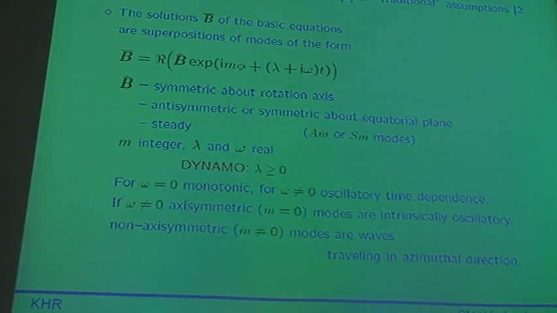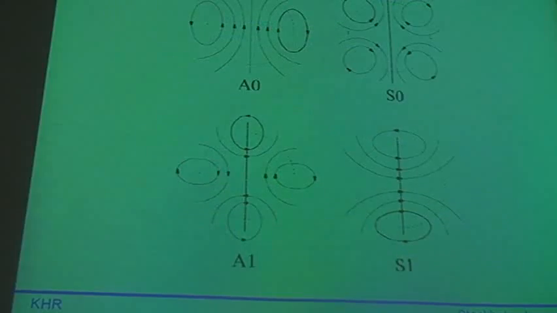I have both on the next slide, a few examples. An A0 mode, or the simplest example of an A0 mode, is a dipole field, an axisymmetric dipole. S0 is an axisymmetric quadrupole. The simplest example of this is an axisymmetric quadrupole.